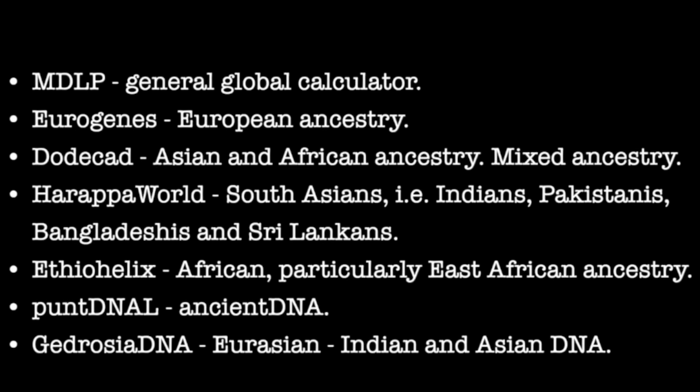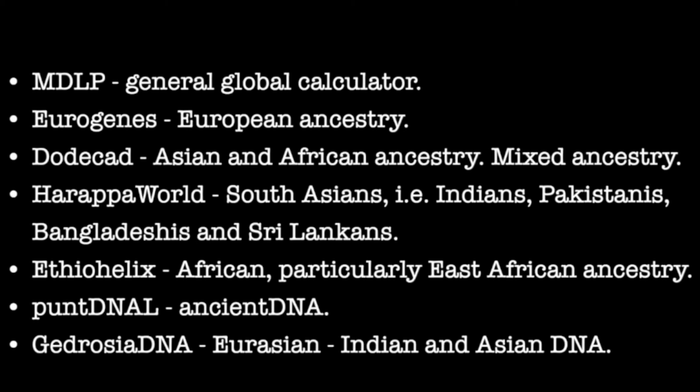The Harappa World, South Asian, i.e. Indians, Pakistanis. Ethiohelix, African, particularly the East African ancestry. Punt DNA, that's ancient DNA. You probably mostly find that in Africa. And the Gedrosia DNA, that's Eurasian, Indian, and Asian DNA.